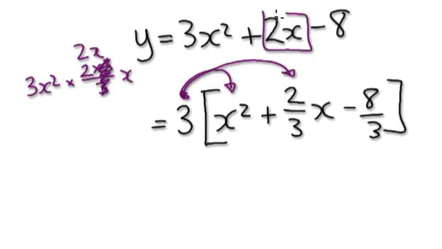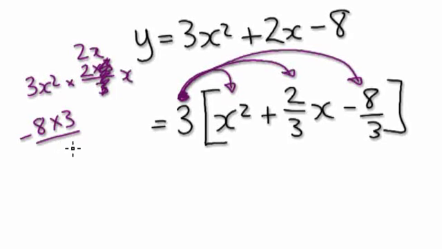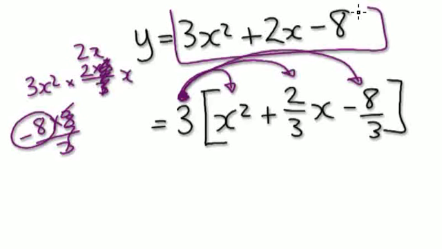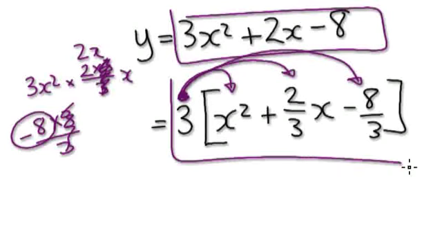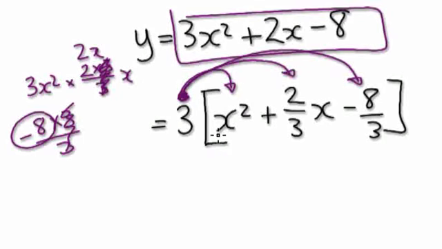Then when you multiply this with minus 8 over 3, it would be minus 8 times 3 over 3. These two would kill off, leaving you just minus 8. That's why you've got this 8 here. This thing here is exactly the same as this thing here. But the good thing is that the coefficient of x squared is 1.